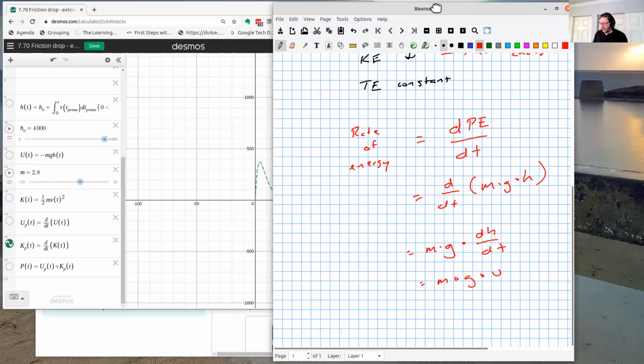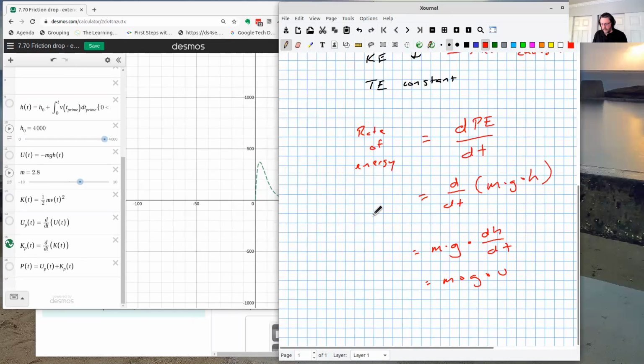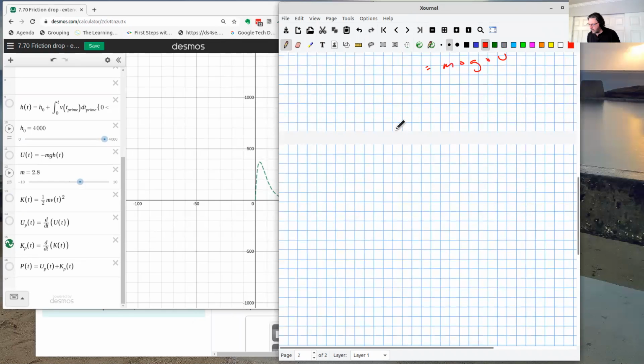So let's do a little bit of math using that equation. If the acceleration is g e to the minus t over tau, then the velocity function is the integral of that. So the integral from 0 to t of g e to the minus t over tau dt.